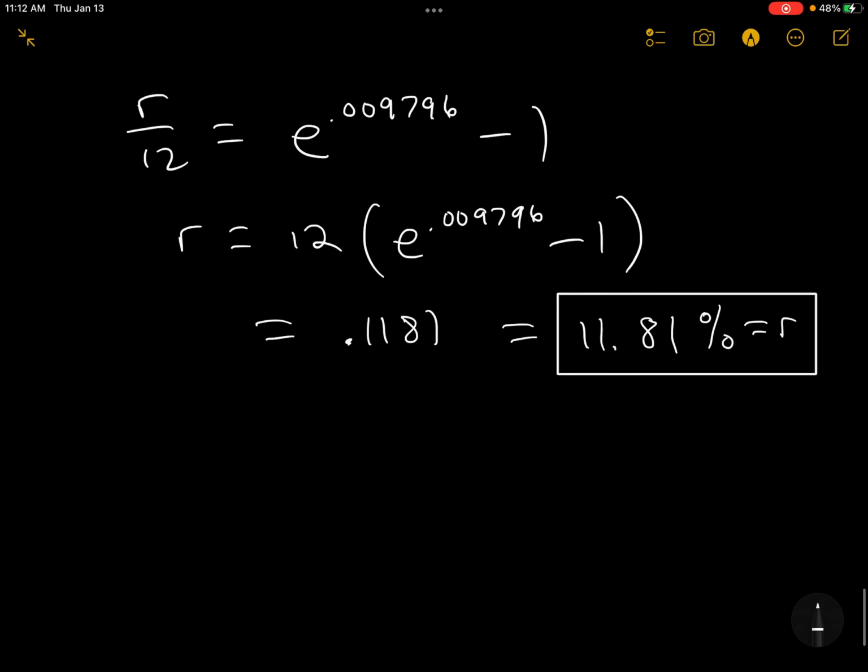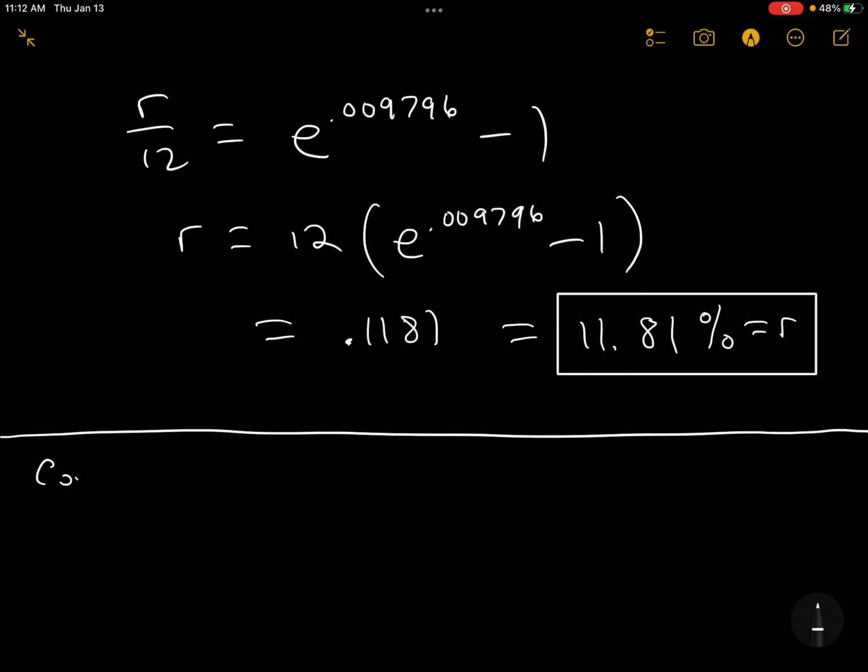Okay, so basically what we've done here, to conclude, the formula for compounding interest, very simple, is this. And now we can solve for any variable.